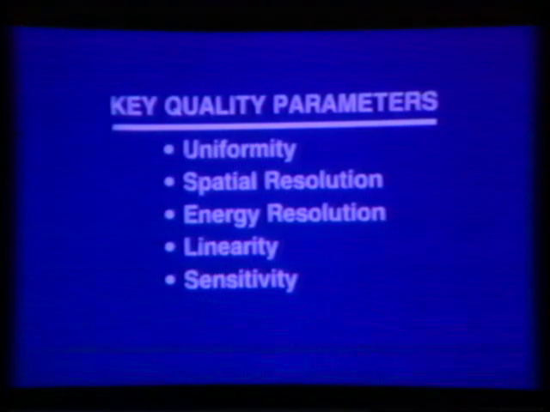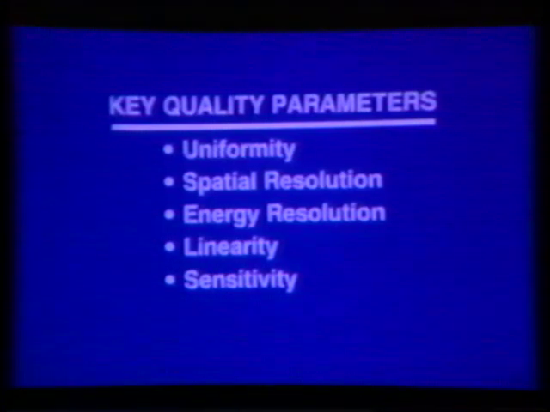In summary, the key parameters to check camera performance are: uniformity, a daily check for uniform field of view; spatial resolution, the ability to distinguish separate objects placed very close together. The two types of spatial resolution are intrinsic, which measures detector and camera electronics, and extrinsic, which measures camera and collimator as a total system.